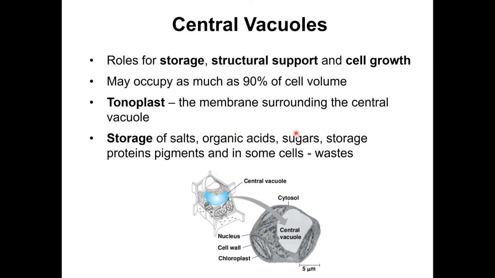And so it's used for rigidity and also for cell growth. Some cells do grow just by expanding the central vacuole. By doing that, they actually get longer and longer or larger and larger over time. And I forgot to tell you, the membrane surrounding the central vacuole is referred to as the tonoplast.